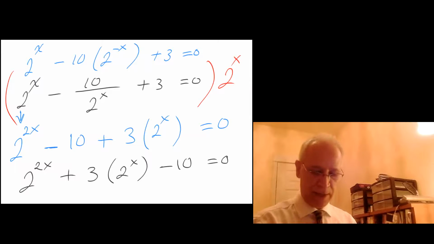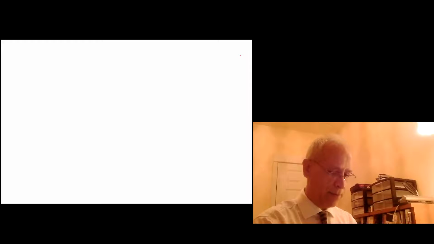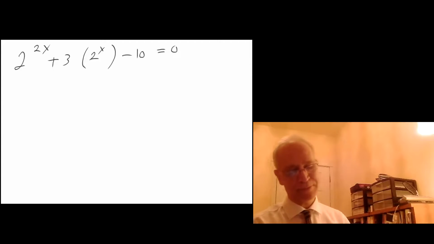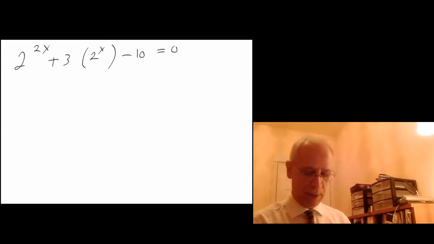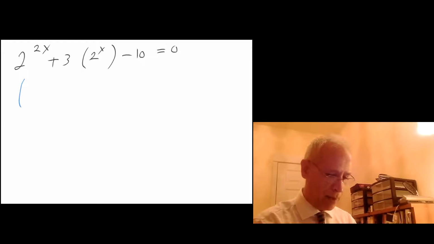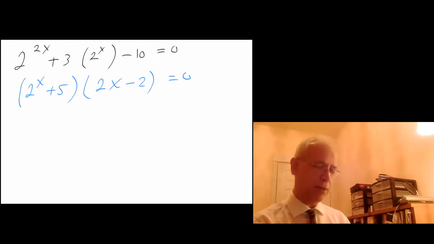I have 2 to the power of 2x plus 3 times 2 to the power of x minus 10 equals 0. So here I can factor this to 2 to the x plus 5 and 2 to the x minus 2 equals 0.